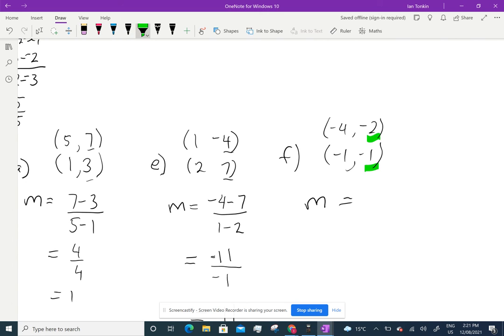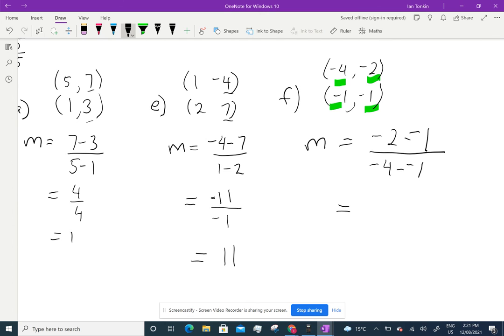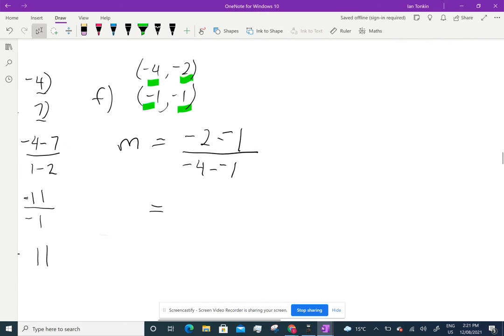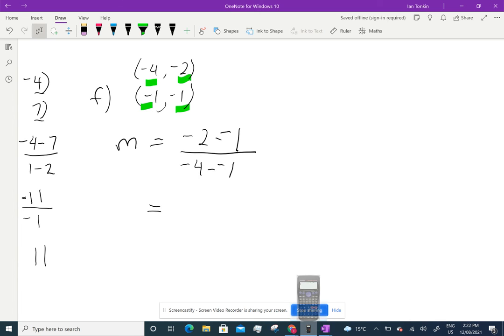That's these two. -2 minus -1 over. Subtract the x values. Keep the same order. -4 minus -1. Please use your calculator. And when I say use your calculator, this is what you type in.